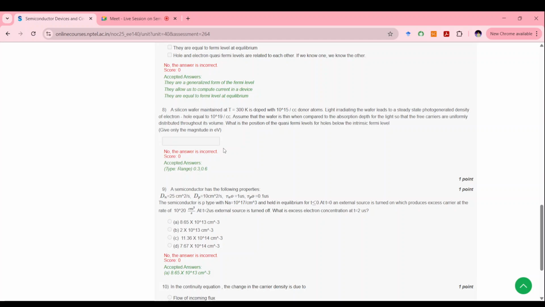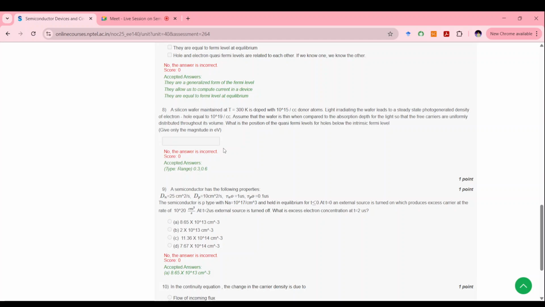So that the free carriers are uniformly distributed throughout its volume.